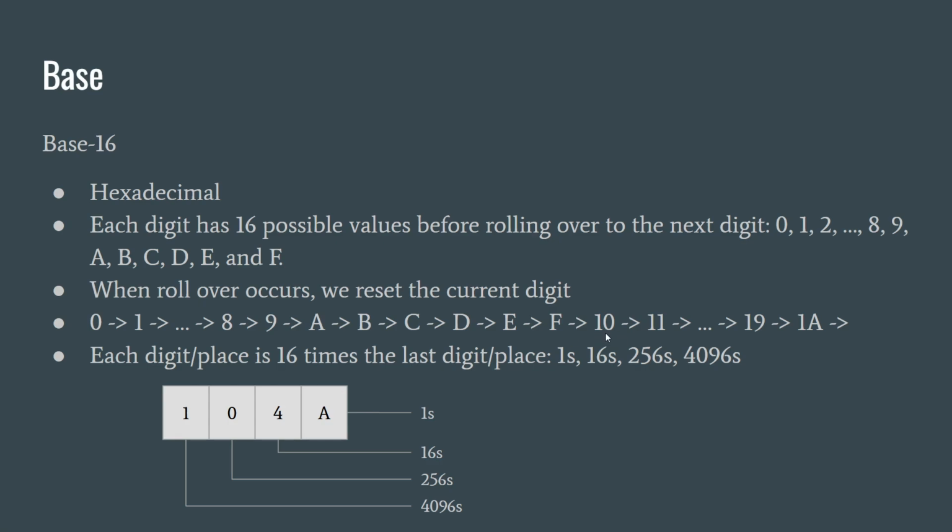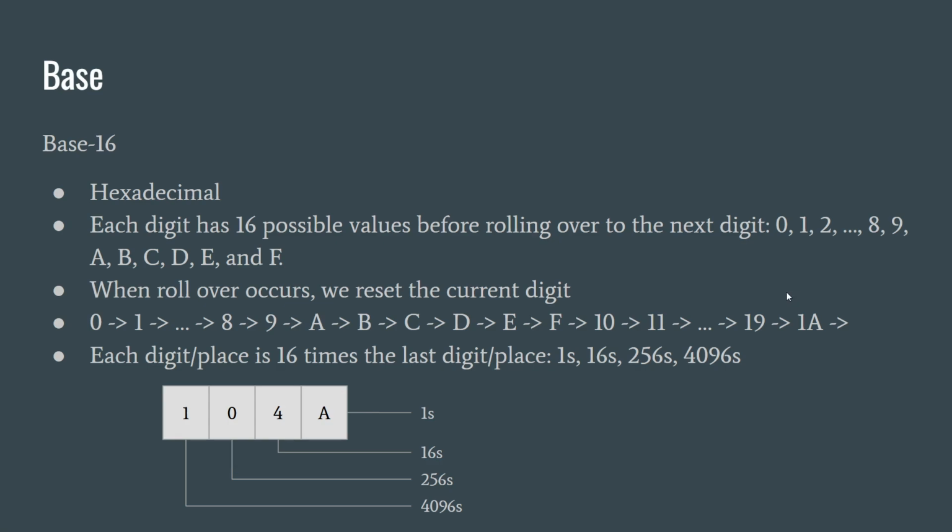So this number in base 16 is 16: 1, 0. And then the next one we add is another 1, 2, 3, 4, all the way up to 19. And then 1A, 1B, 1C, 1D, 1E, 1F. And then 2, 0. And so on and so forth.